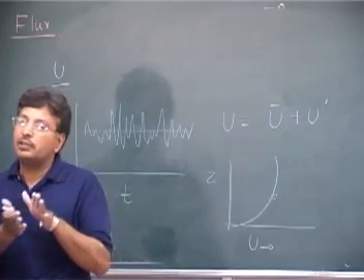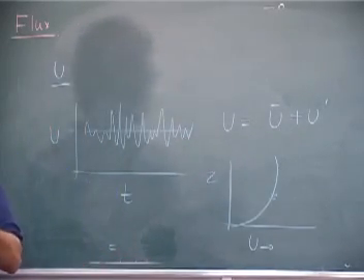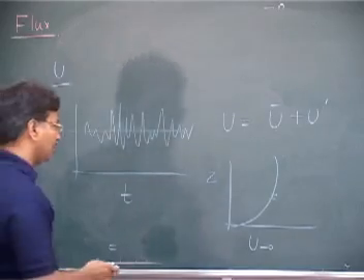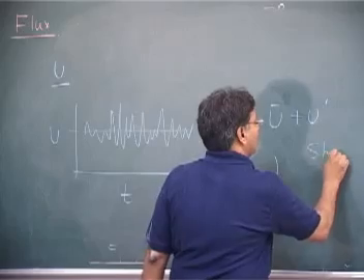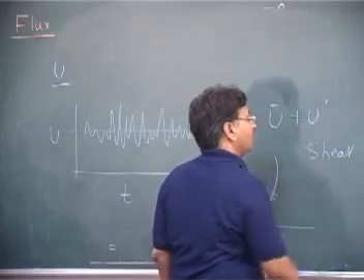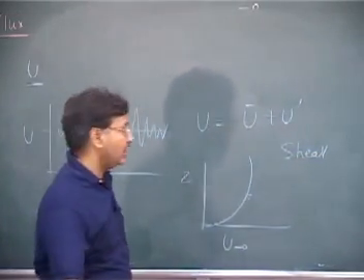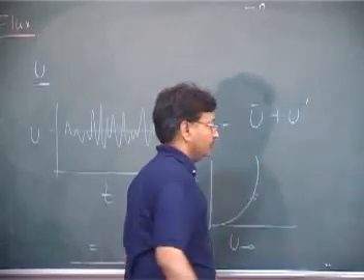So there is always a shear. So there will be shear diffusion in addition to what we are talking about. So shear diffusion, or diffusion due to shear, that is a better term.